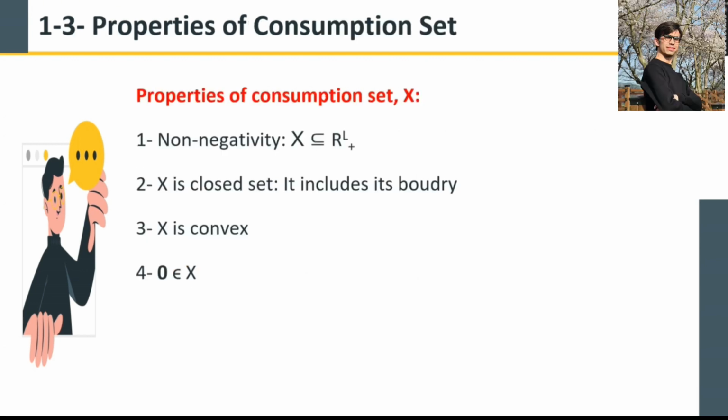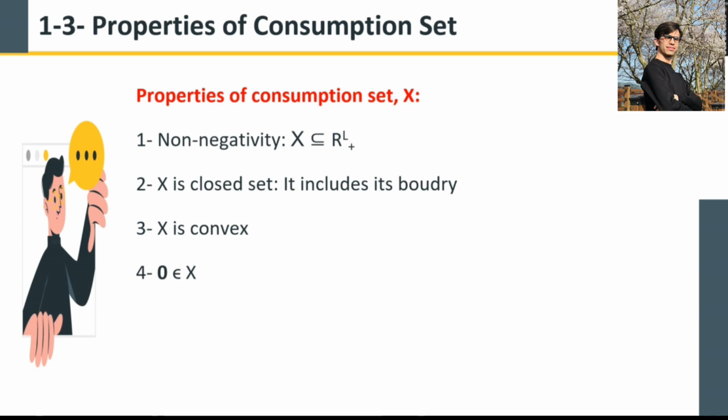So now, let's move on to the properties of consumption sets. Here are 4 basic properties that a consumption set should have. First of all, the consumption set is a non-negative set. This is the property of non-negativity.